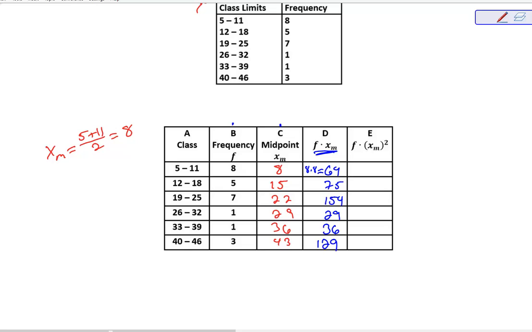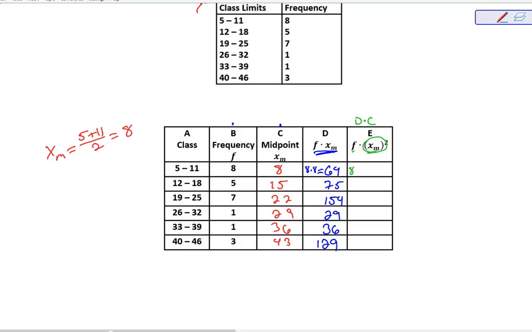This last column is where I take the frequency times the midpoint squared. Or what I like to do is take column D and multiply it by column C. Because I've already got the frequency times the midpoint, I just need to multiply it by the midpoint again. Okay?